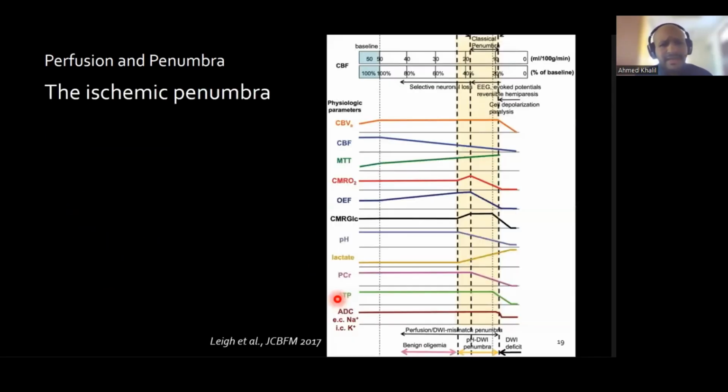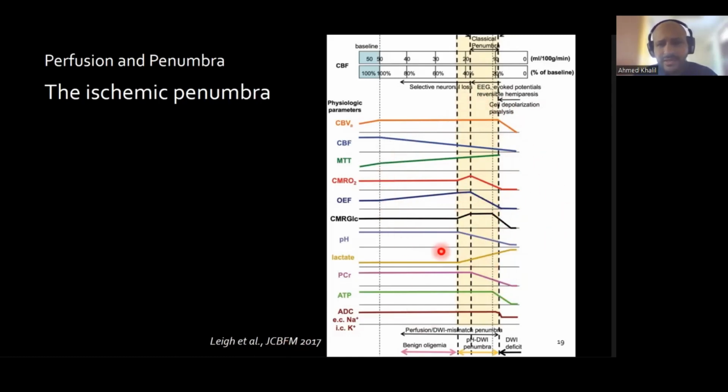And the reason why perfusion is so important in stroke is related to this concept of the ischemic penumbra. It's a very complicated, perhaps sometimes a little bit controversial topic. I think this diagram is very useful to help understand this. It comes from this review.